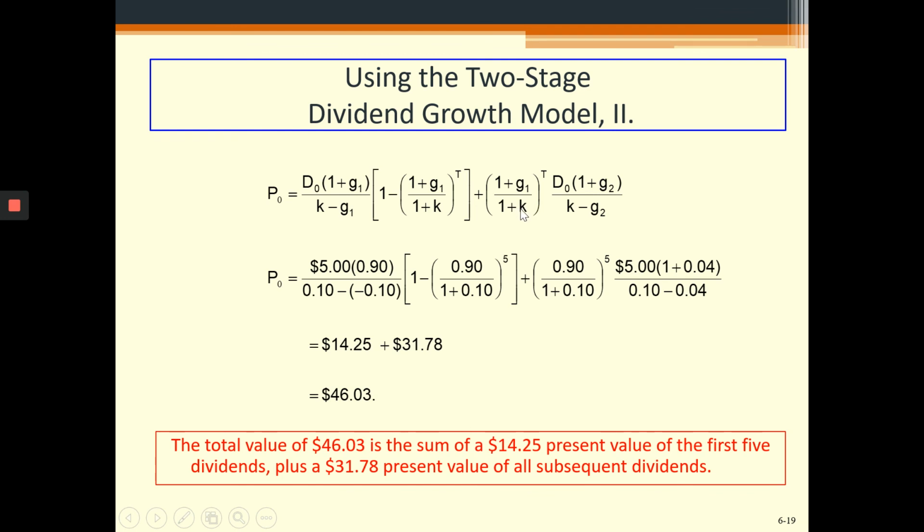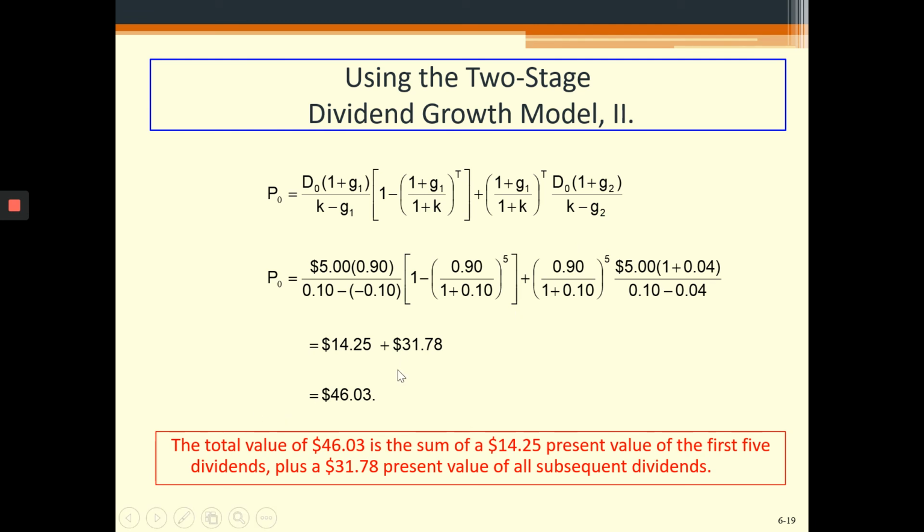And further, if we divide by 1 plus K raised to the power T, we will be able to get the present value of the dividends of the second stage.